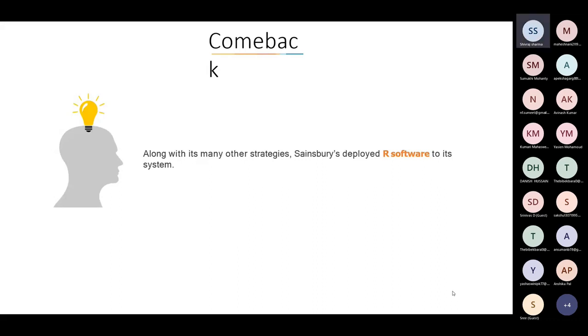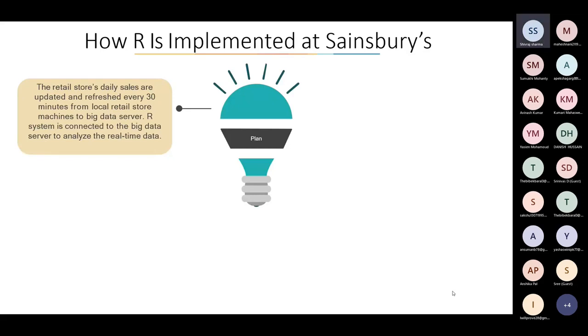Okay, let's go deeper into the example, to see how this R software helped the company to come back in the market. So how is R implemented at Sainsbury's? The retail stores' daily sales are updated.